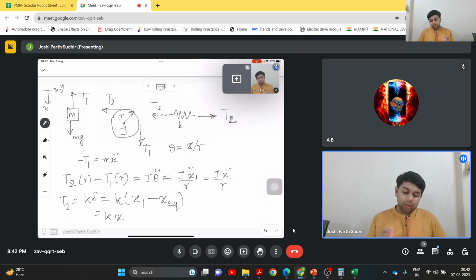So what we will get now as the equation of motion, so we know that T1 is minus m x double dot, and we can substitute it in this equation.